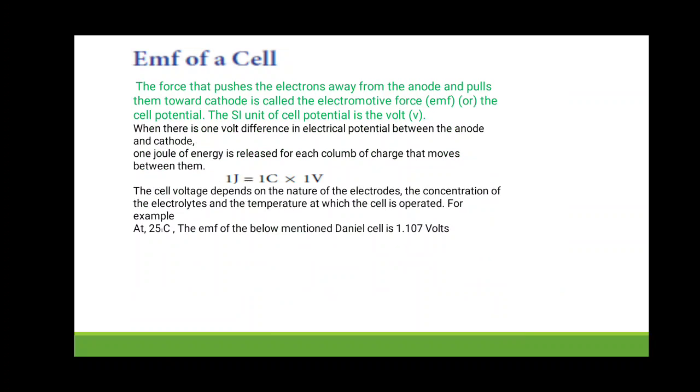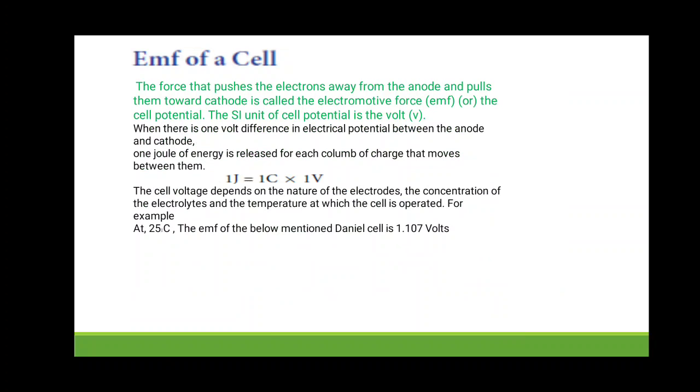When there is a 1 volt difference in electrical potential between anode and cathode, 1 joule of energy is released for each coulomb of charge that moves between them. So 1 joule equals coulomb times volt, J = C × V. The cell voltage depends on the nature of the electrodes, the concentration of the electrolytes, and the temperature at which the cell is operated.